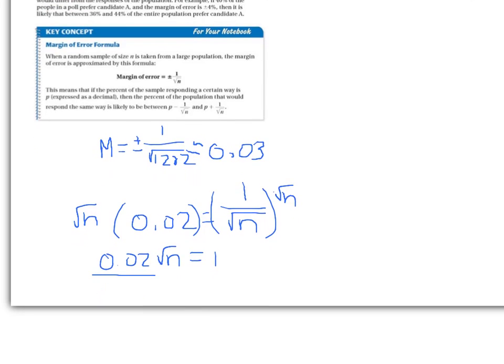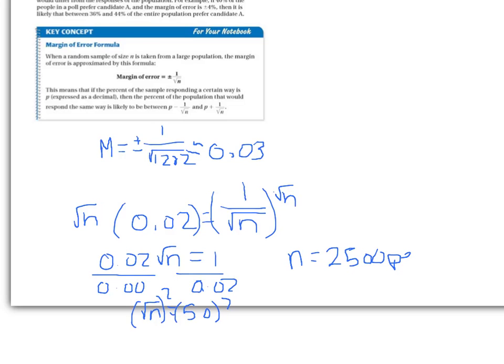Then we have to divide. So 1 divided by 0.02, you get square root of n equals 50. Square both sides. You get n equals 2,500 people. Okay.